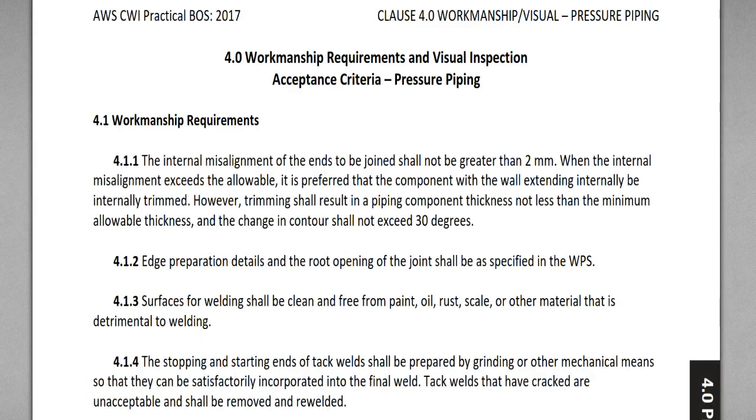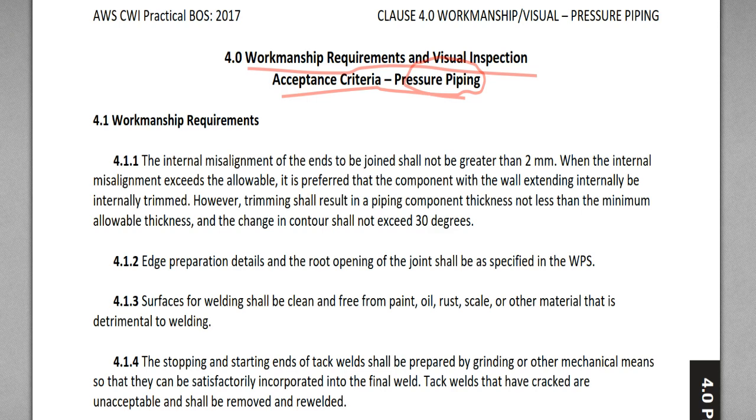The title of chapter 4 is Workmanship Requirements and Visual Inspection Acceptance Criteria for Pressure Piping. Chapter number 2 is Workmanship Requirements and Visual Inspection Acceptance Criteria for Structural Steel, and chapter number 3 is Workmanship Requirements and Visual Inspection Acceptance Criteria for Pipeline.